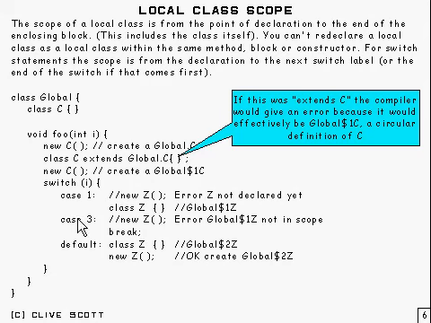It goes out of scope when it comes to that label. And here we've got things the right way around. We've got a class Z declared, so that's going to be global$2Z. And we can do new Z there, and that's fine because that creates that one. Okay.